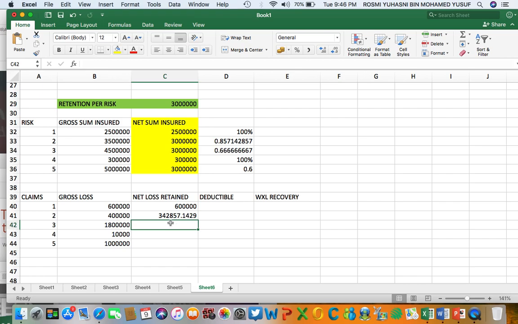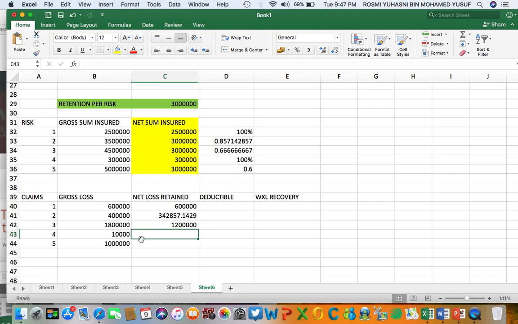It's going to be 342,857.14 roughly. For risk number 3, with a gross loss of 1.8 million, insurer only retains up to 66.6% for risk number 3. So they are not going to pay the whole 1.8 million, but only this amount times the percentage. Only up to 1.2 million.